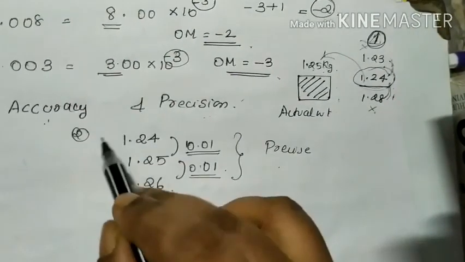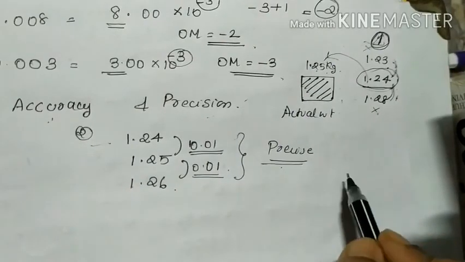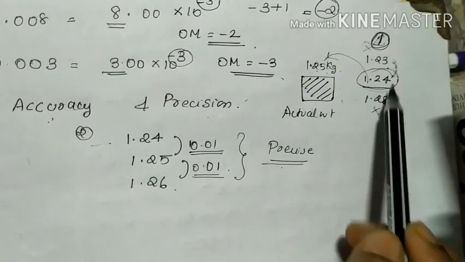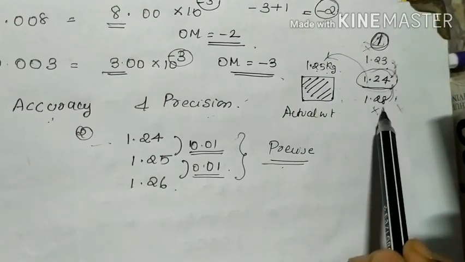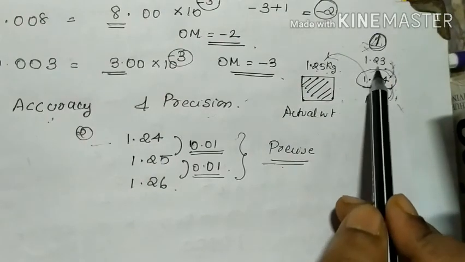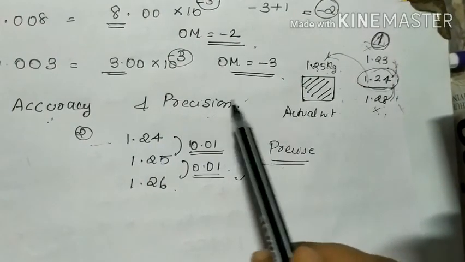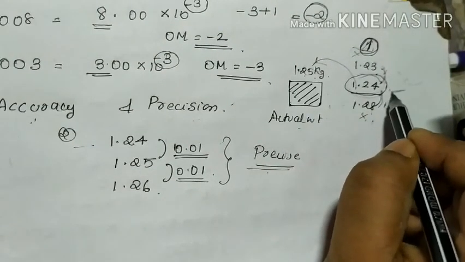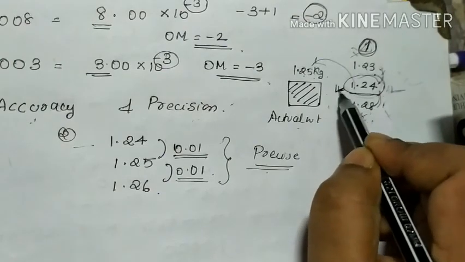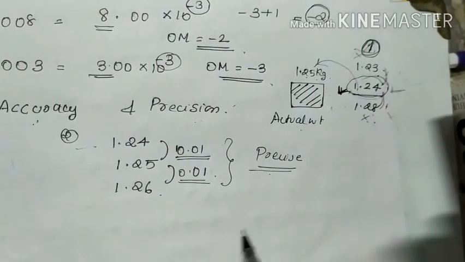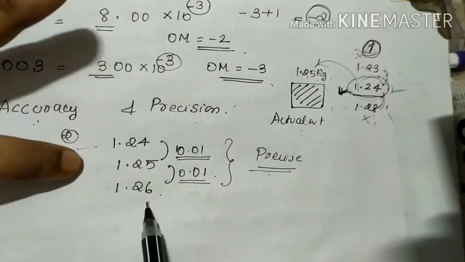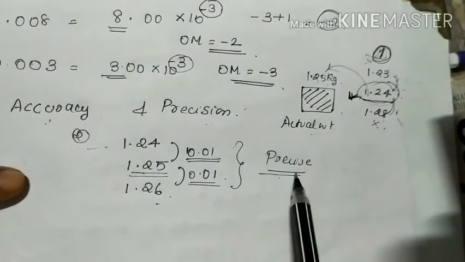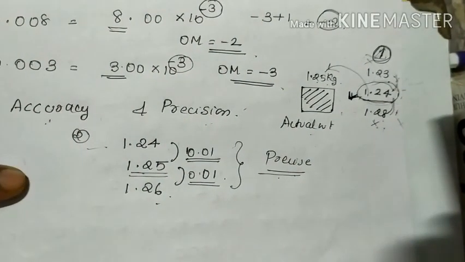Or I can say my brother gave the precise measurements, whereas mine were not. Out of my measurements, 1.24 kilogram is actually close to the actual weight. Hence, according to my measuring device, 1.24 is the accurate measurement. And out of my brother's readings, 1.25 is the accurate measurement. This much clear, right? This is the difference, guys.